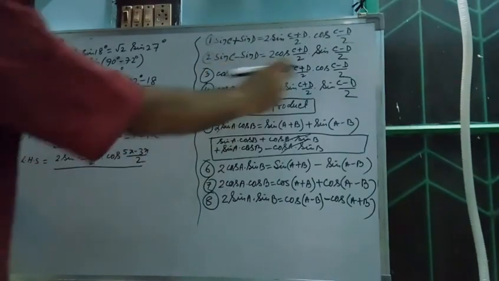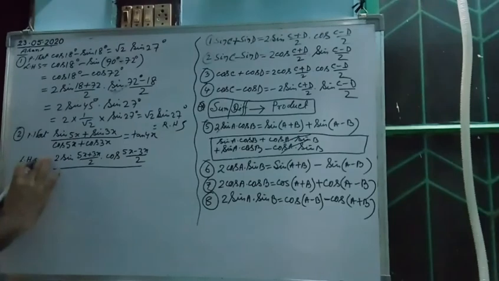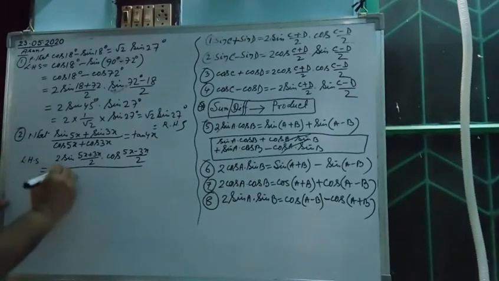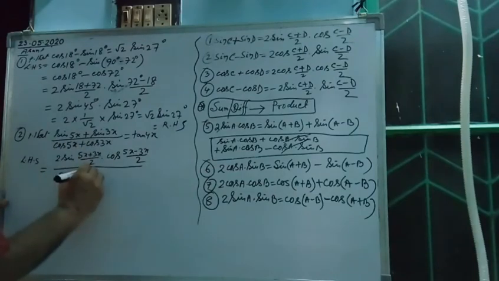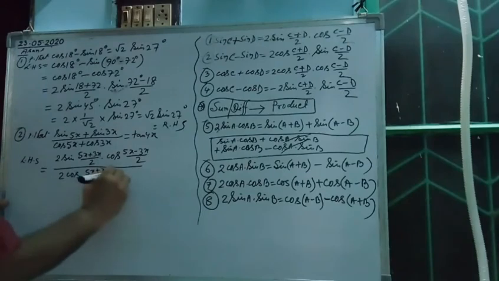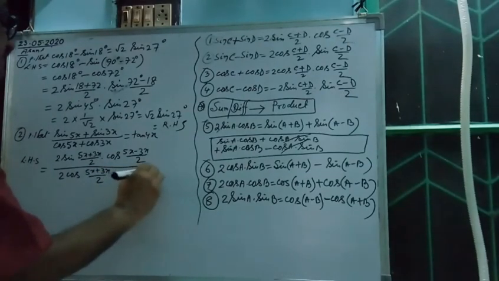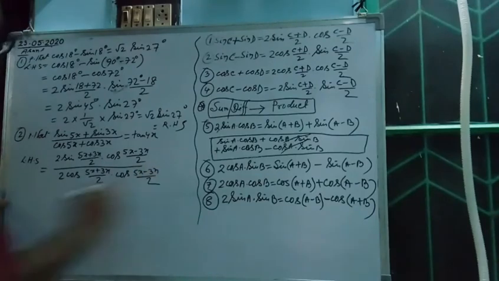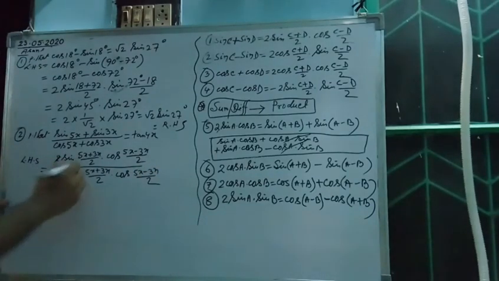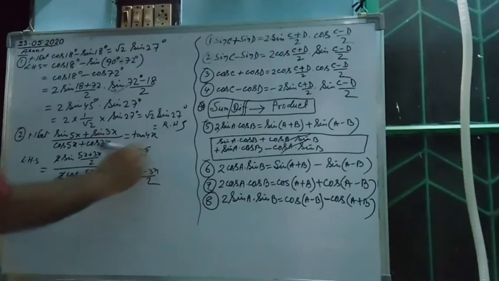Cos c plus cos d, this formula, that is 2 cos (5x plus 3x)/2 into cos (5x minus 3x)/2. So the 2 cancels, and cos (5x minus 3x)/2 cancels.